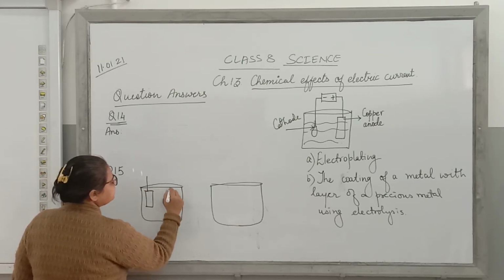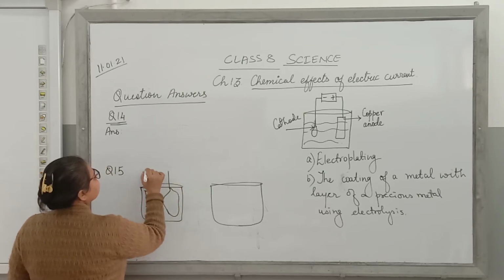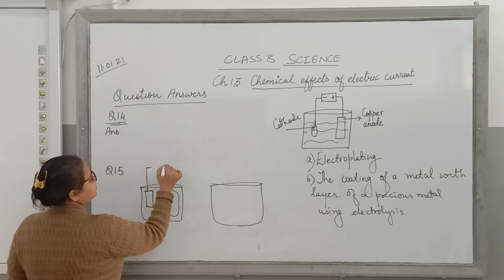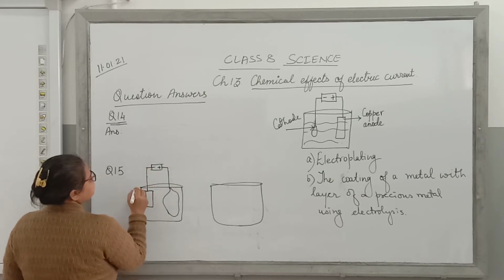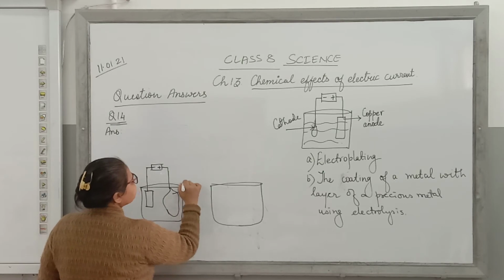Then there is another piece of metal connected to the positive end of the battery. This is positive side, this is negative side. So this should be anode.